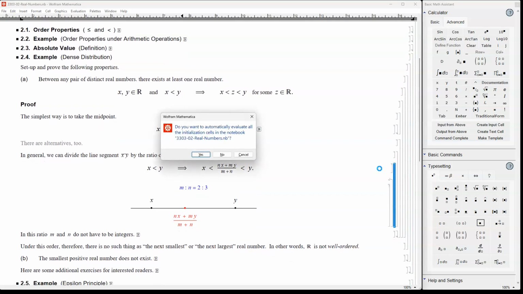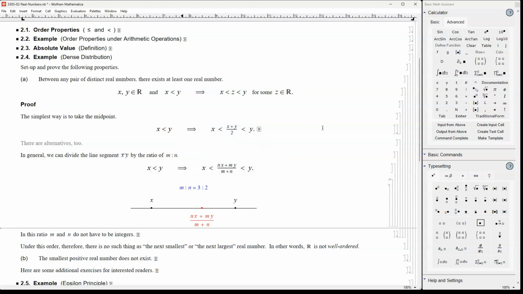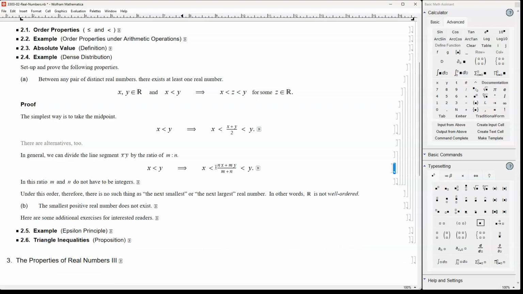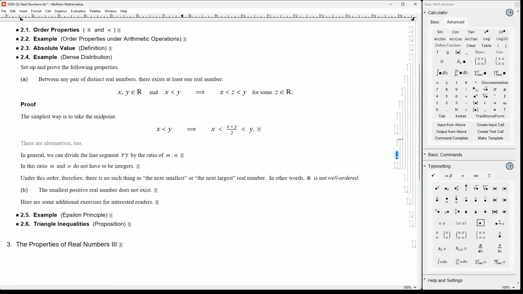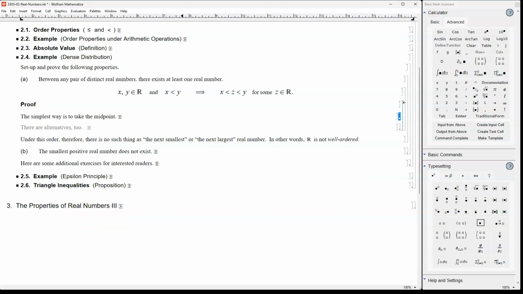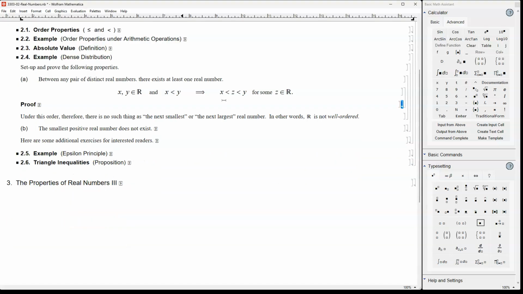Let's run this program again. 3 to 2 this time. Let's do it again. Ratio of 5 to 2, and so on and so forth. Even more so, m and n do not even have to be integers. In short, there are infinitely many different ways to get z, even initially.